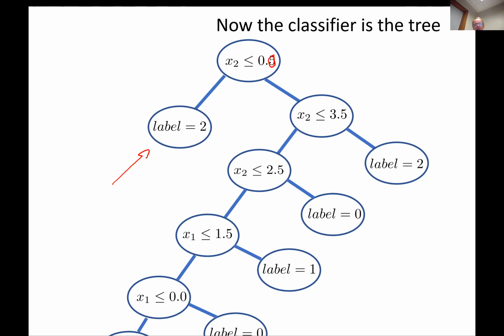If x2 is bigger than 0, then we go to the next question. Is x2 less than or equal to 3.5? If it is not, then we're already in label 2. And so on down the line. We keep asking questions, and eventually each point will end up in one of these leaves, the terminal nodes, and that tells us what category we want to put it in.